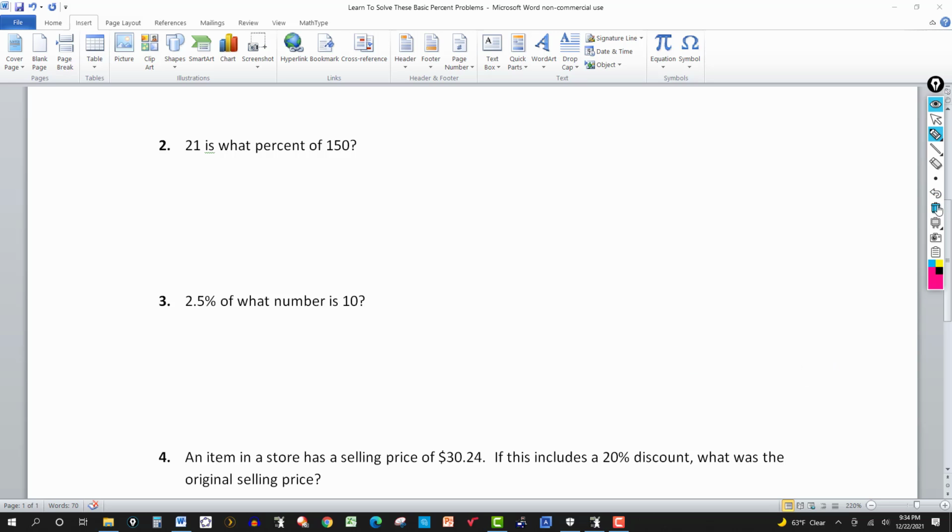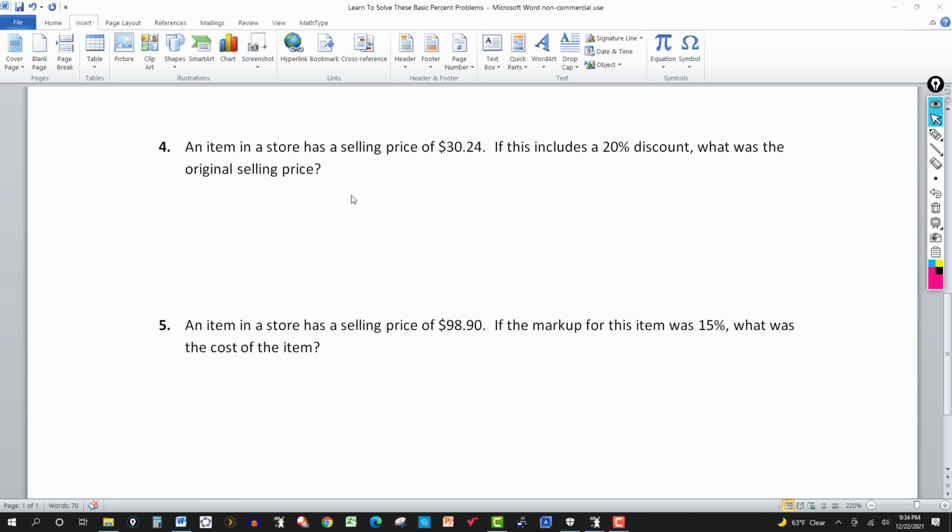Let's clear this. Yeah, we got a word problem here. Again, basically using the same formula. An item in a store has a selling price of $30.24. So that's what it sells for. If this includes a 20% discount, what was the original selling price? So it was discounted.